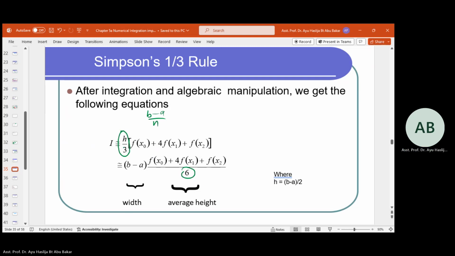See here, 3, right? So the 6 here comes from 2 multiplied by 3. The 3 is from here just now. Where this 2 comes from is the n, n equals to 2. This one is for single application.